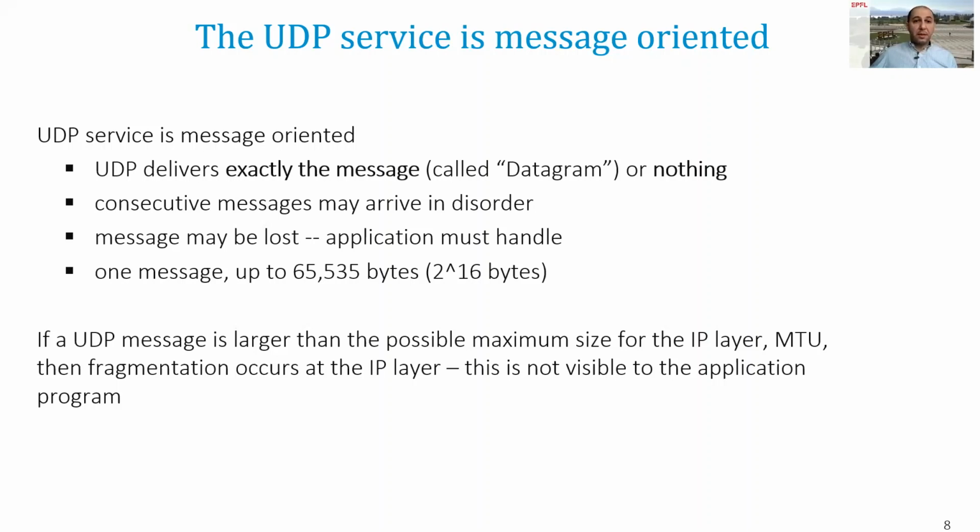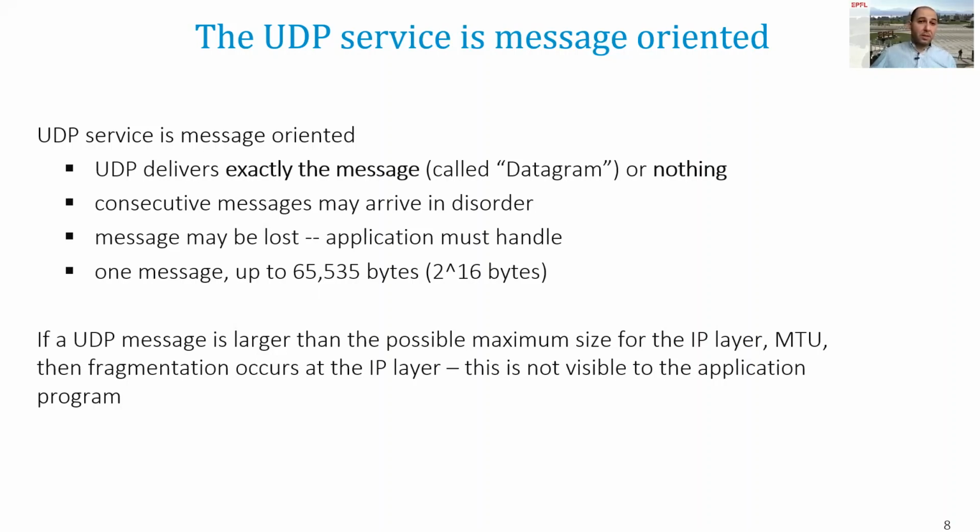And also, the maximum message size that can be handled by UDP is up to 64 kilobytes. But this message is not necessarily able to go through the network, since it is too big. Sometimes the MAC layer accepts only up to 1,500 bytes. So what happens in this case?